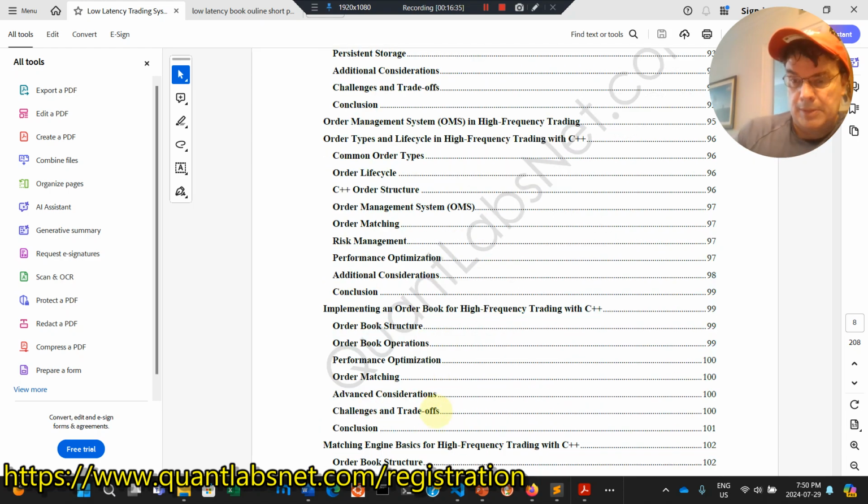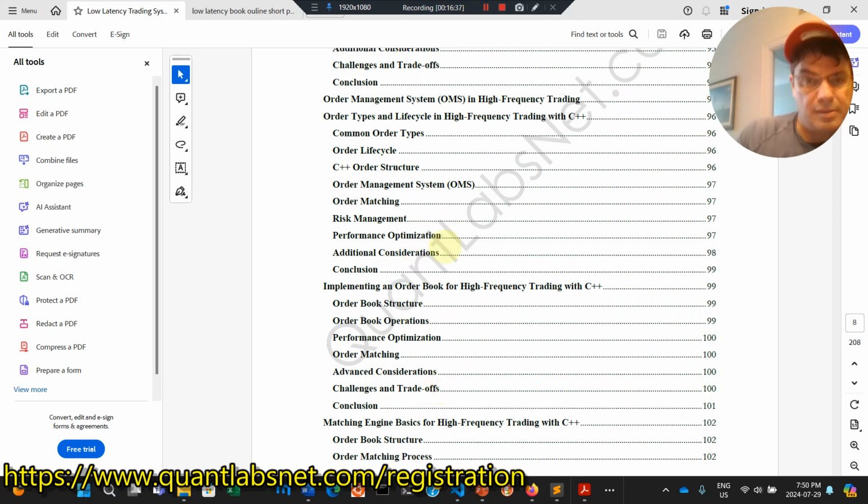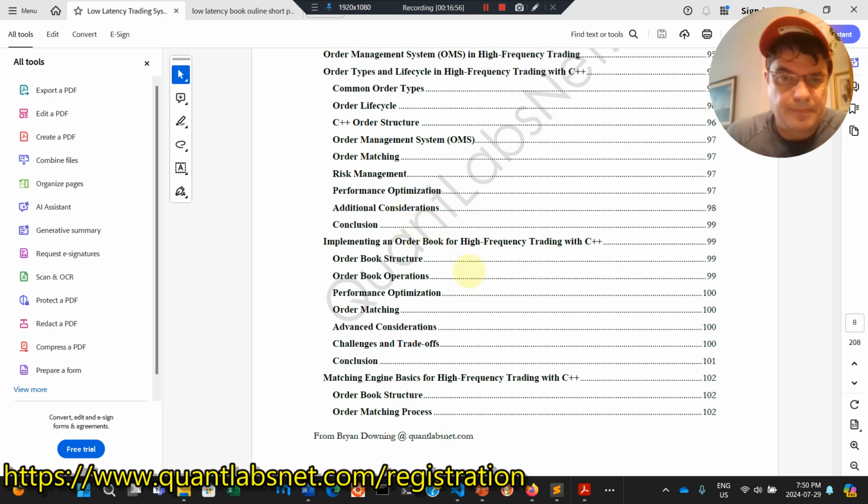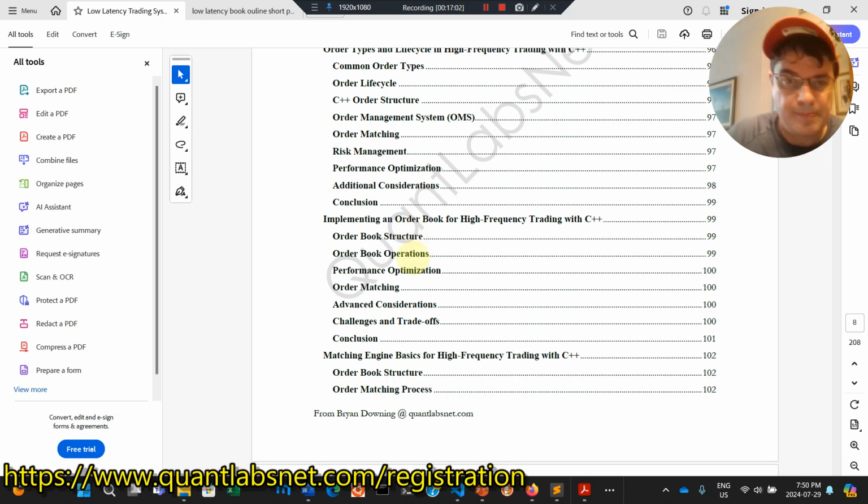Okay. So now we're coming up to halfway. Now we're getting into order management systems, order types, life cycle of them, common order types, order life cycle, order structure, OMS, order matching, risk management here, performance optimization, and again, additional considerations. Okay, so now we go back in the order book with very specific discussion here.